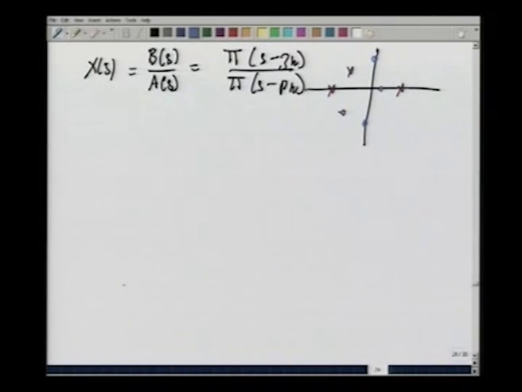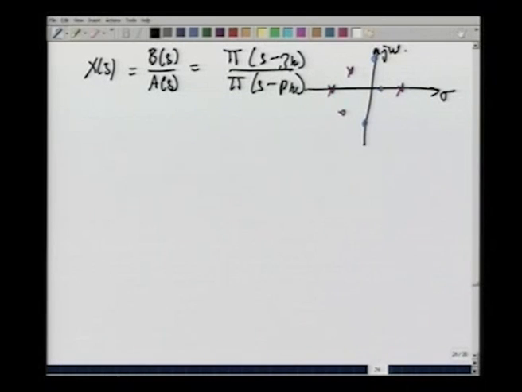So we have these zeros and poles littering the S plane, where this is sigma and this is j omega. We can find their locations by factorizing the original expression of the Laplace transform given to us.